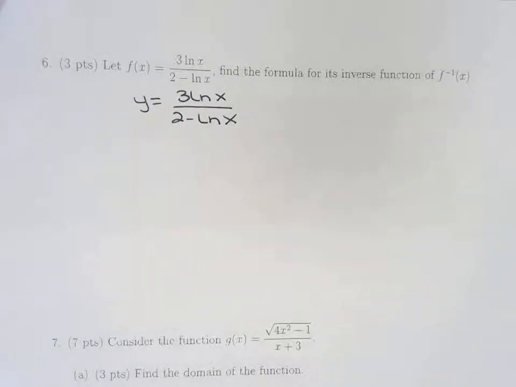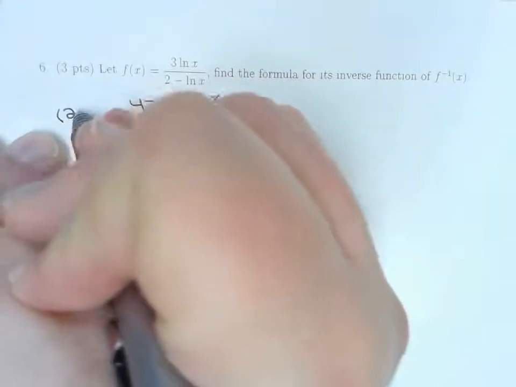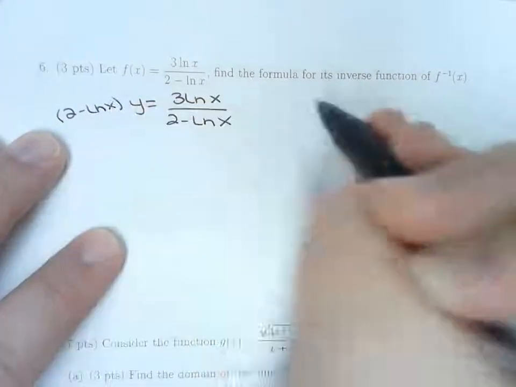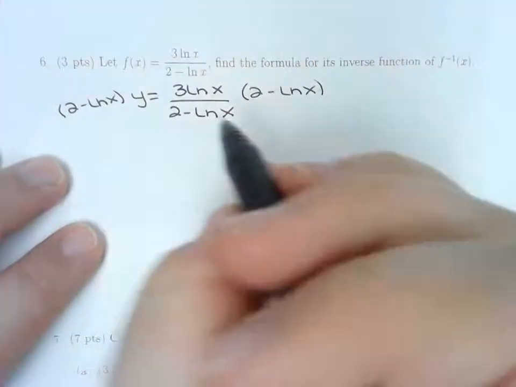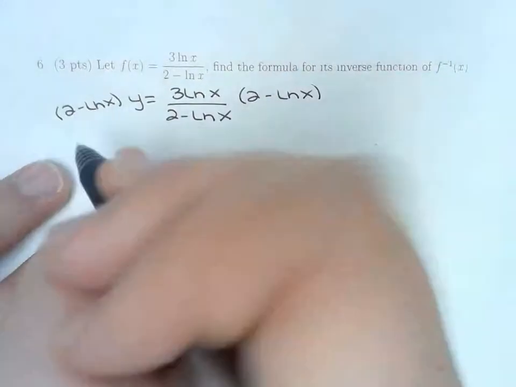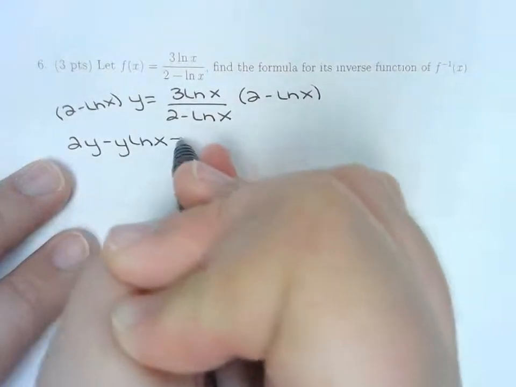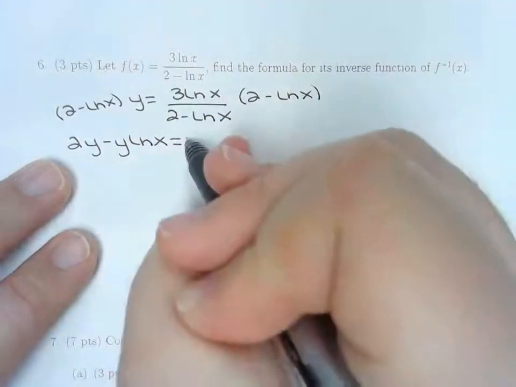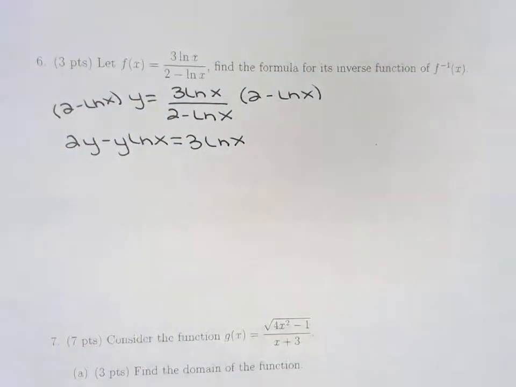To solve this for x, first thought, let's get this out of the denominator. So I'm going to multiply by 2 minus ln of x on both sides. So that will leave me, I'm going to go ahead and distribute on the left, so 2y minus y ln of x. That would just leave me 3 ln of x. Trying to solve for x here.